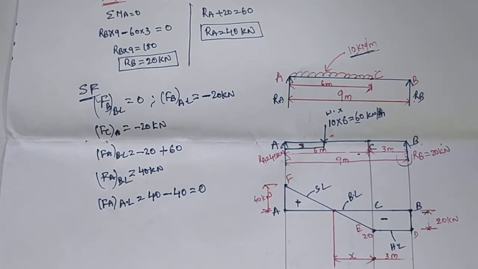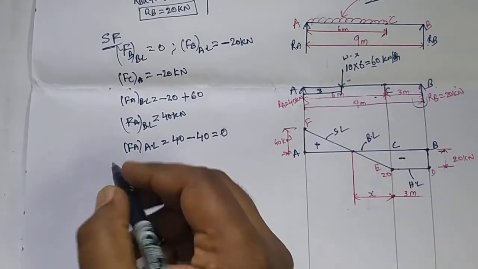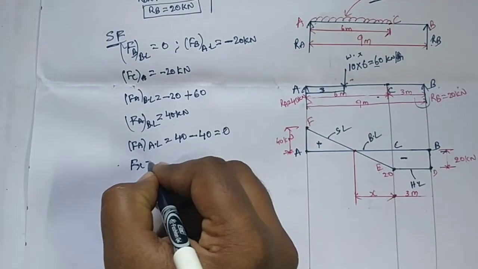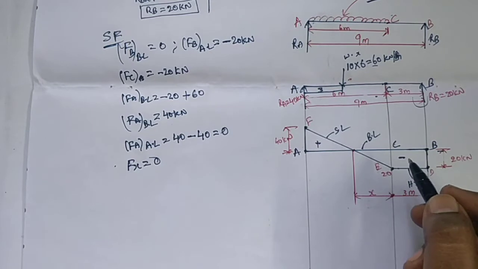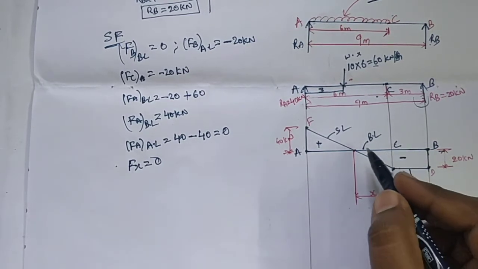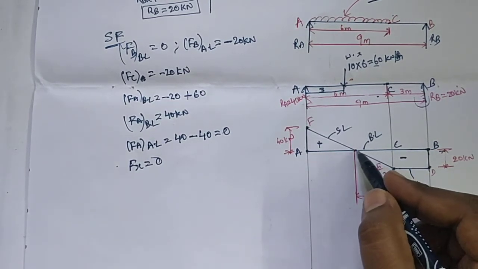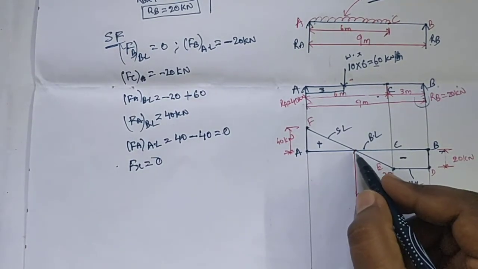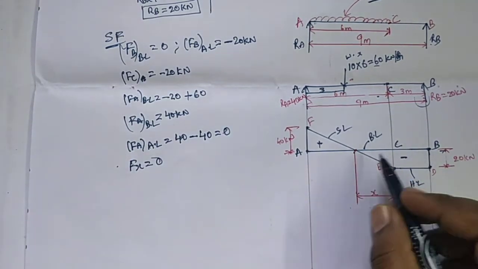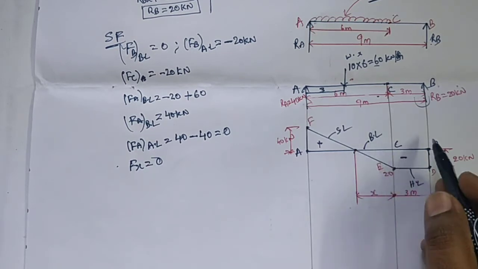For this condition, shear force at x is 0. Shear force at point x is 0, so we need to find out the distance from point C at which shear force x equals 0. So we need to calculate shear force at point x. We need to consider the right side of the load.